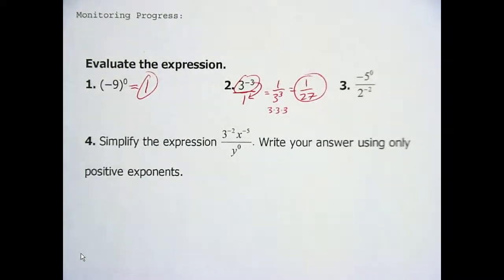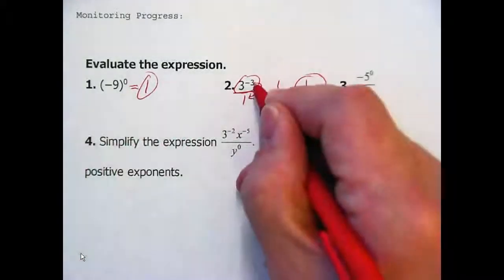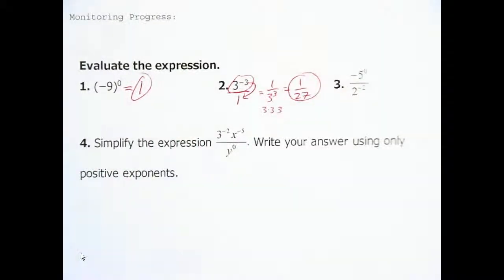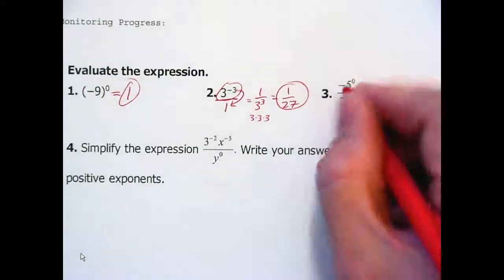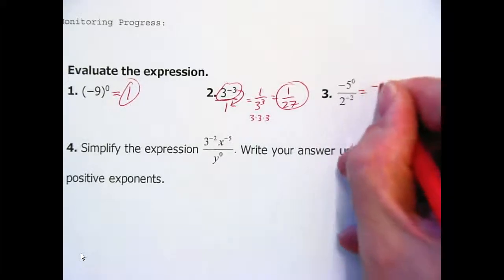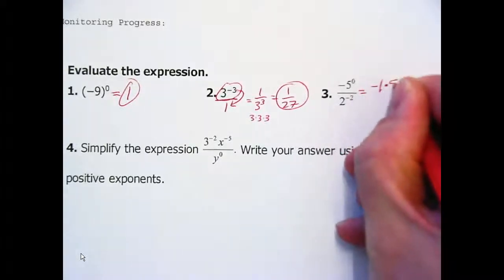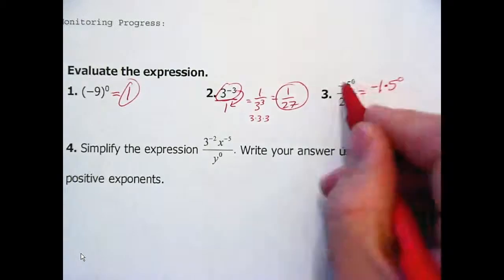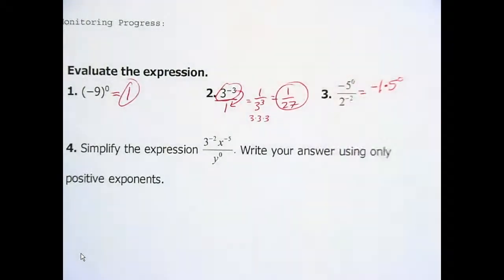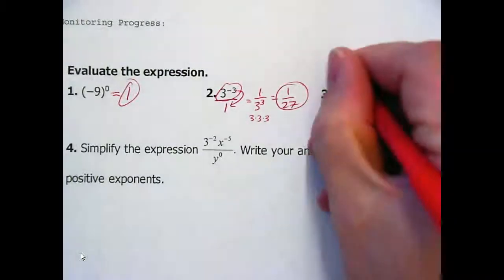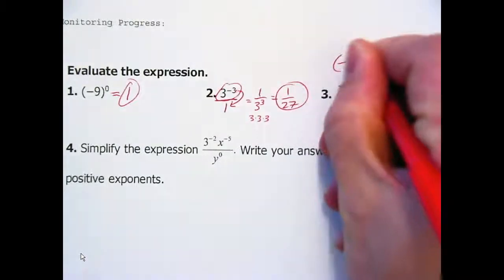Yes, question? If it's a negative exponent, it moves to the other side of the fraction. Okay, and so this one right here, just so you know, means negative 1 times 5 to the 0 power. That does not mean negative 5 to the 0. In order for it to be negative 5 to the 0, you'd have to have parentheses around it.